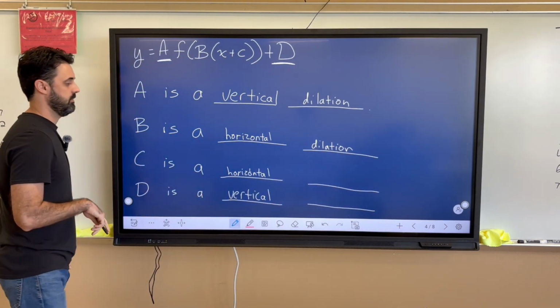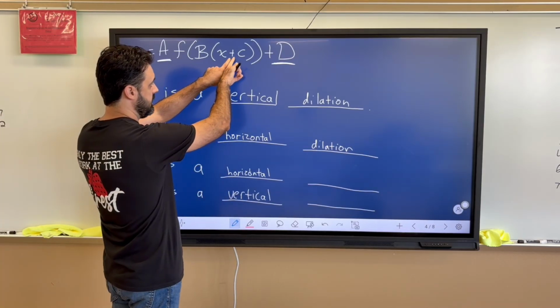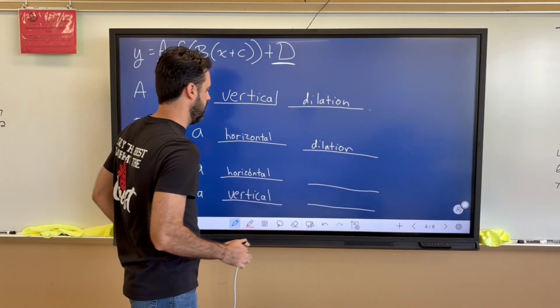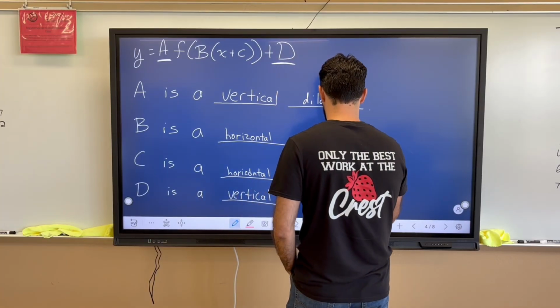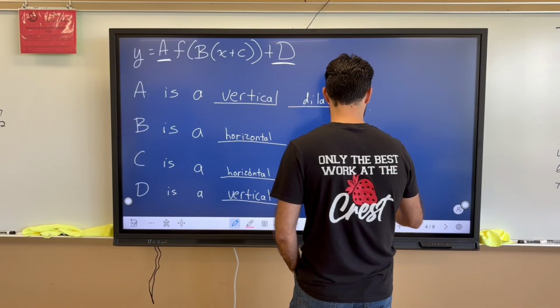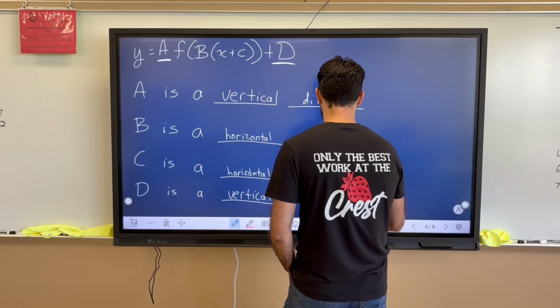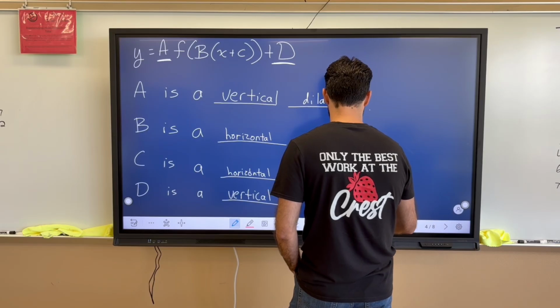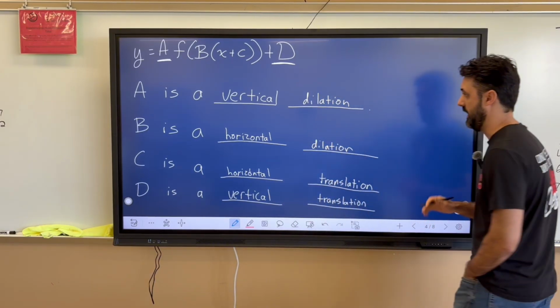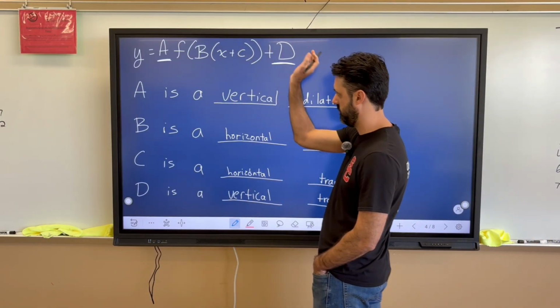The other two transformations just move our graph, either left or right, up or down, and so we call those translations. So c is a horizontal translation, and d is a vertical translation. We're going to add more onto this in a second, but these are the names of our four types of transformations.